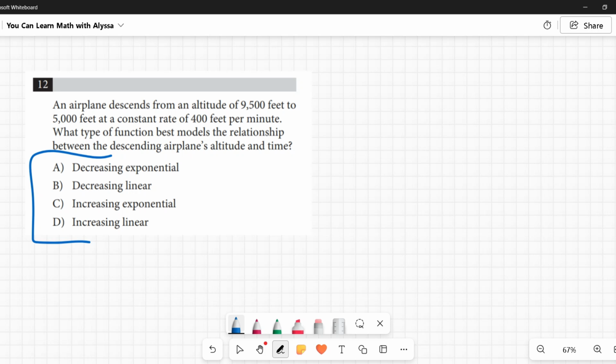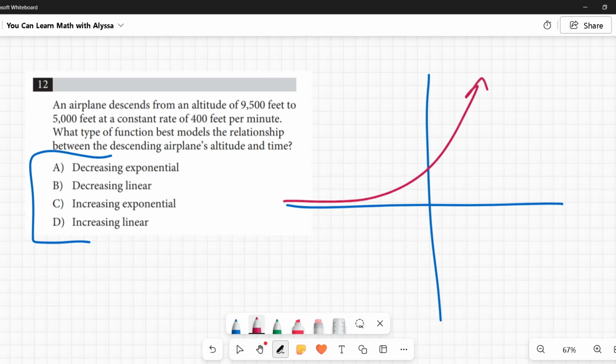An exponential graph is going to be curved, and one end is going to be going towards the sky, or towards the ground. So if I were to graph these, it would look something like that, or something like that, or last option like that.